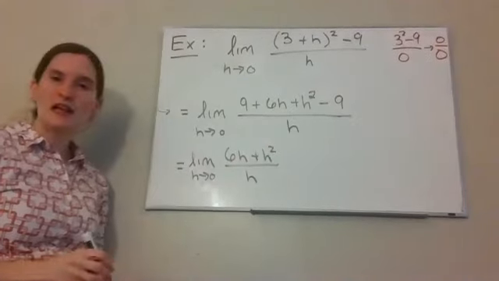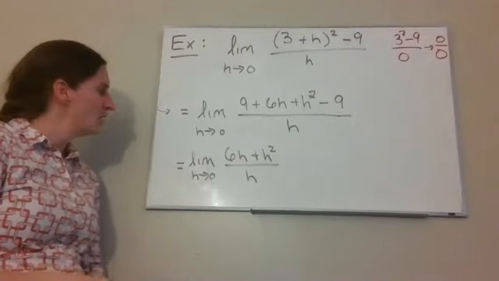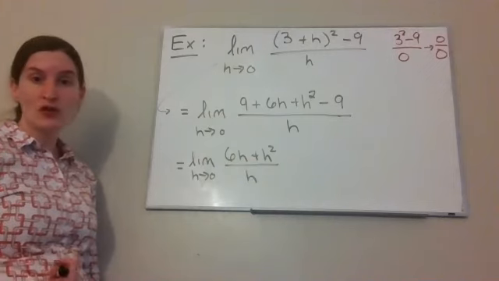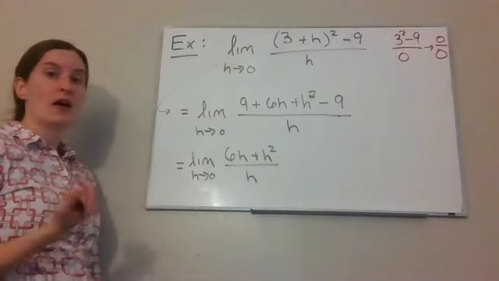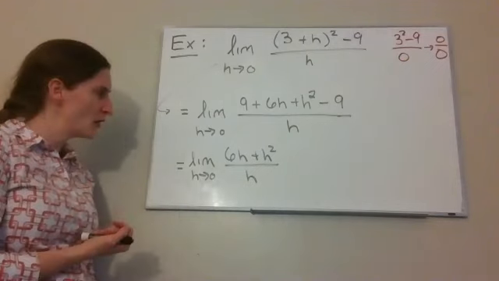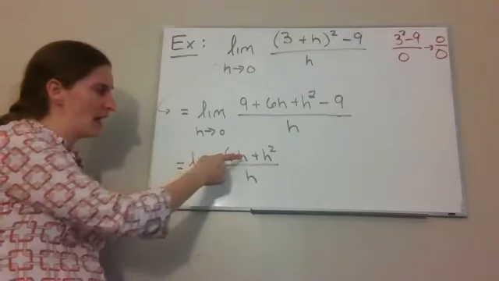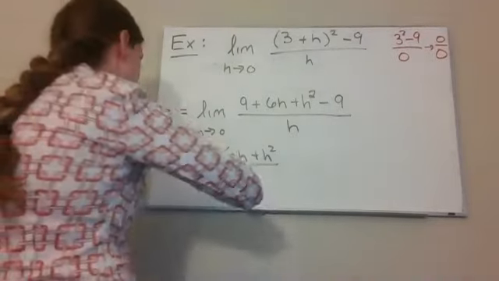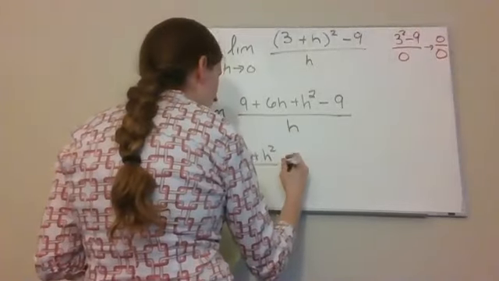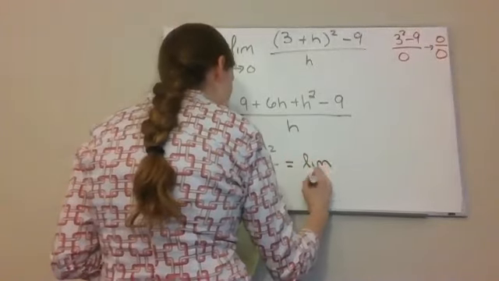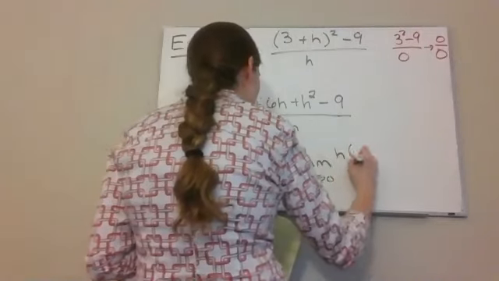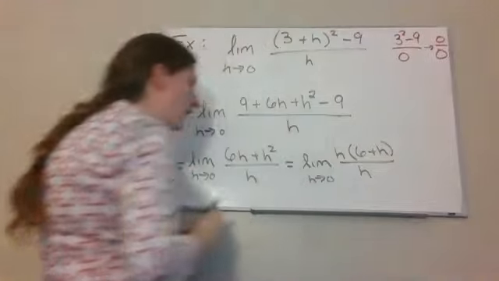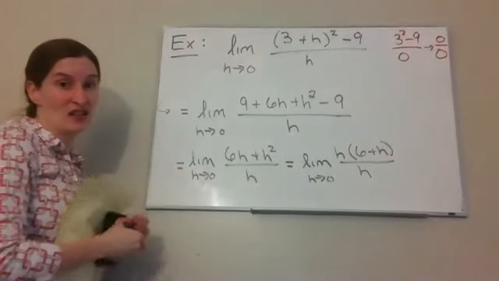Now at this point, if I tried to plug in the 0 again, I would still have 0 over 0. And that just means that there's more algebra we have to do. So we already distributed. Now what should we try to do? Well, I noticed that I have an h in common up on the top. Let's see what happens if we factor it out. So on the top, if I factor out an h, then I can cancel that h in the denominator.